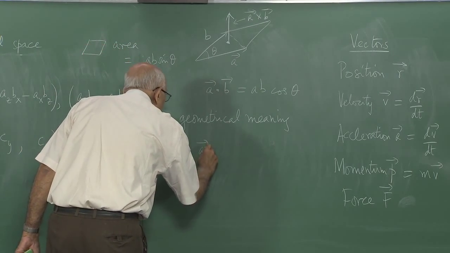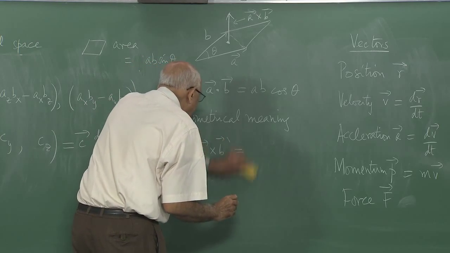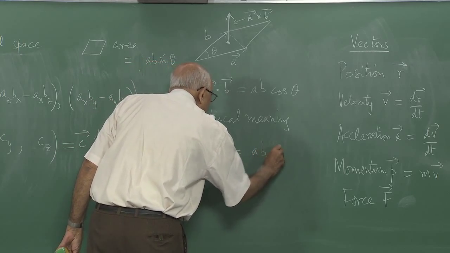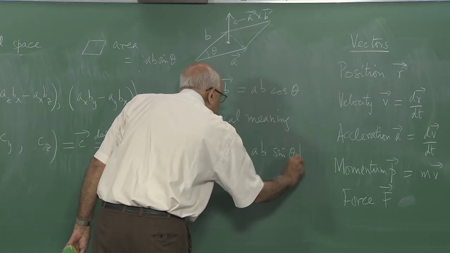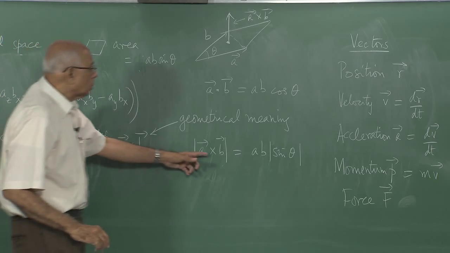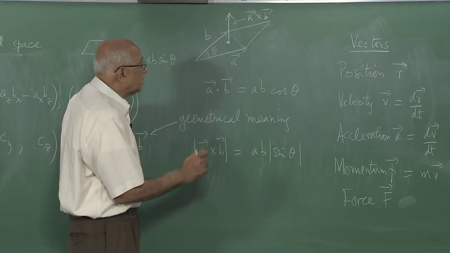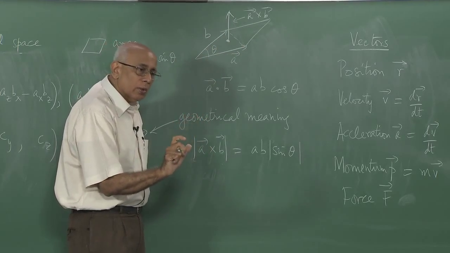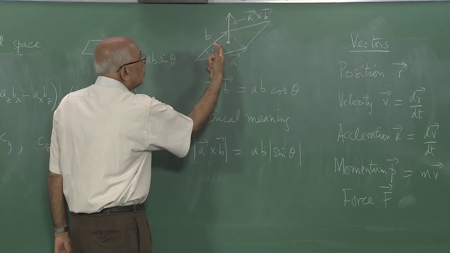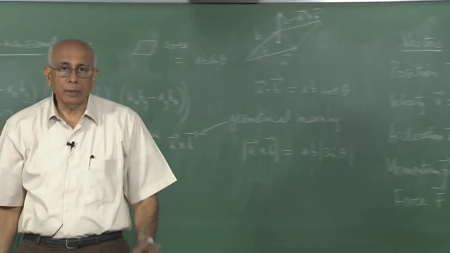and therefore the magnitude of A cross B is equal to AB sine theta, and the direction of A cross B is along the normal to this parallelogram in the sense in which a right handed screwdriver moves when you rotate from A towards B. So if A is coming out here and I rotate into B, then the screwdriver moves up, and that is the direction of the vector A cross B. Okay.